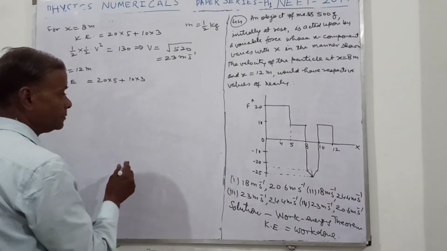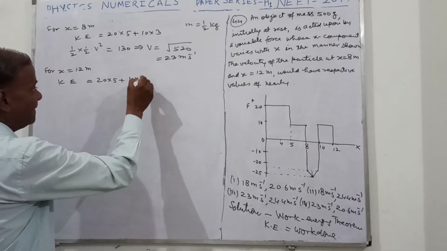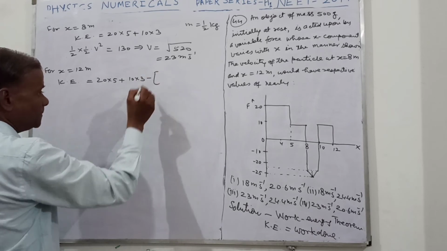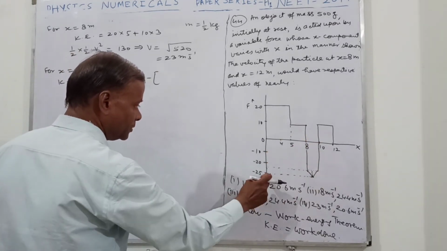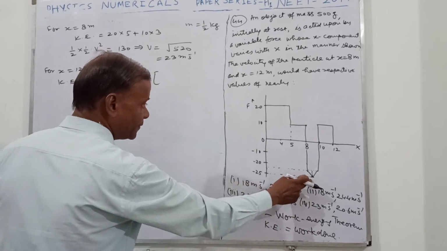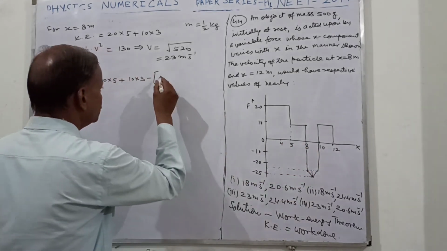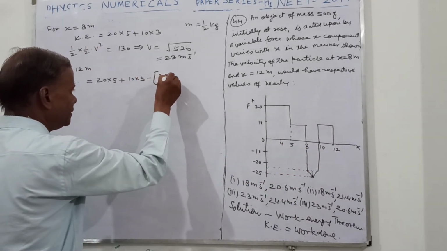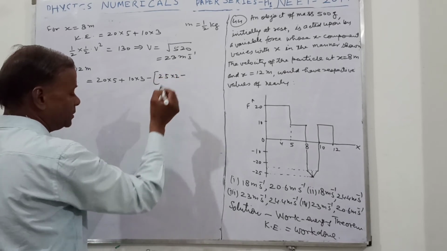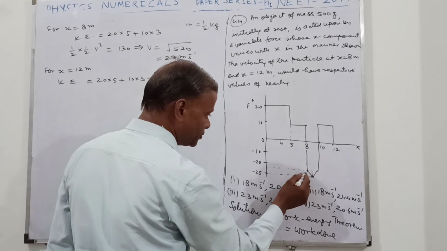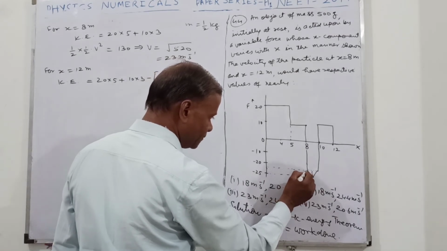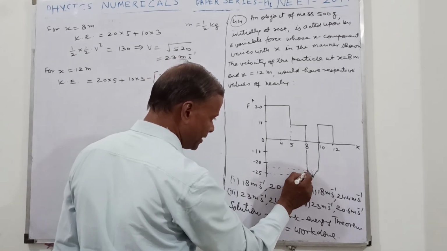What we have? Minus, now this one. Now we are going in this part. This is complete is 25 into 2. Then you subtract so much area. This so much, this is not triangle.